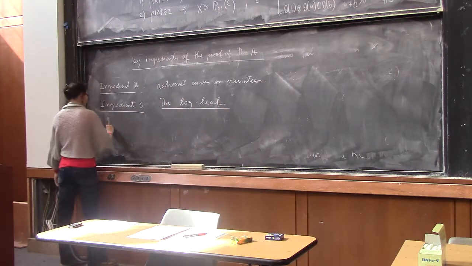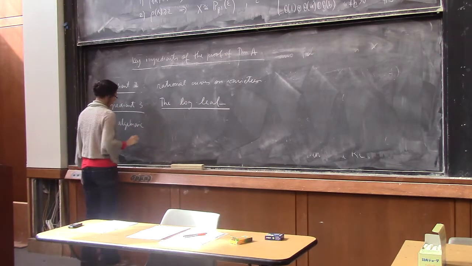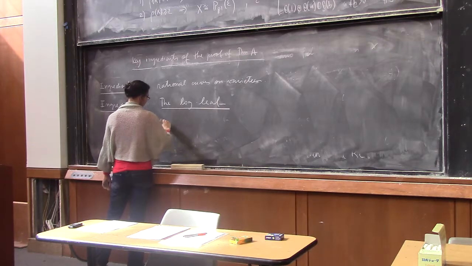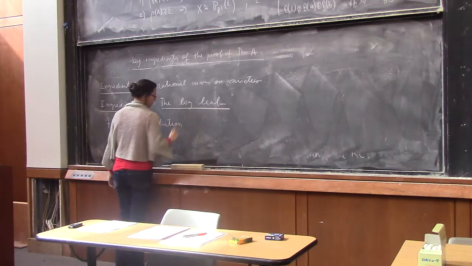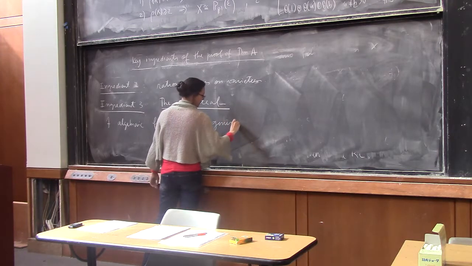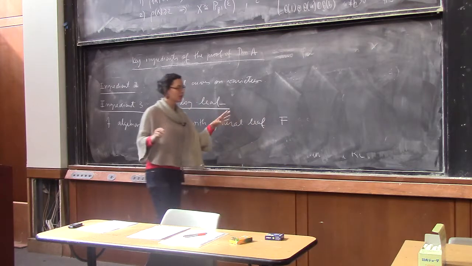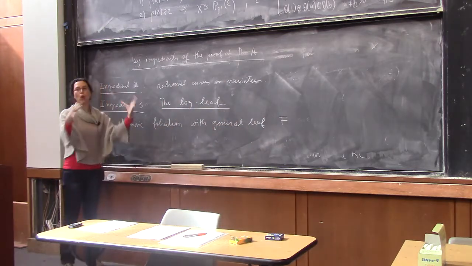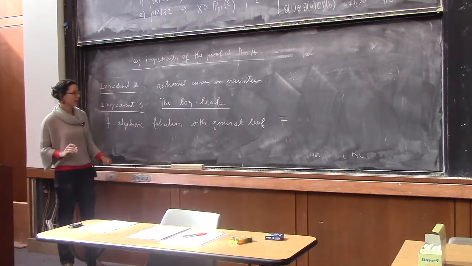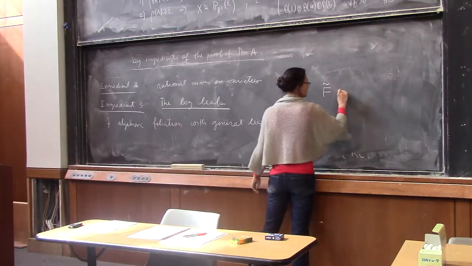Let's say that F is an algebraic foliation with general leaf F. Here by leaf, I'm taking the closure of the leaf in the algebraic case. So I have this F, I take the normalization of F.